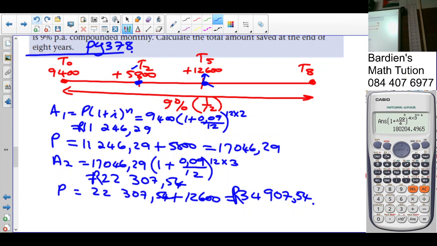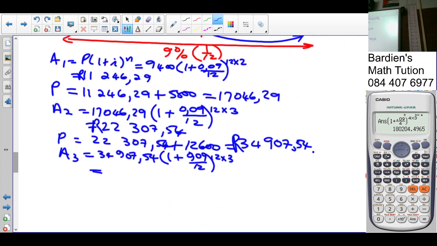So what happens now? Throw in interest for the further 3 years. Now for the learners who are typing that into the calculator, not using the answer button, they will be out by a little bit. So A3, it'll give you 34,907.54 cents into 1 plus 0.09 over 12 to the exponent 12 times 3 years.